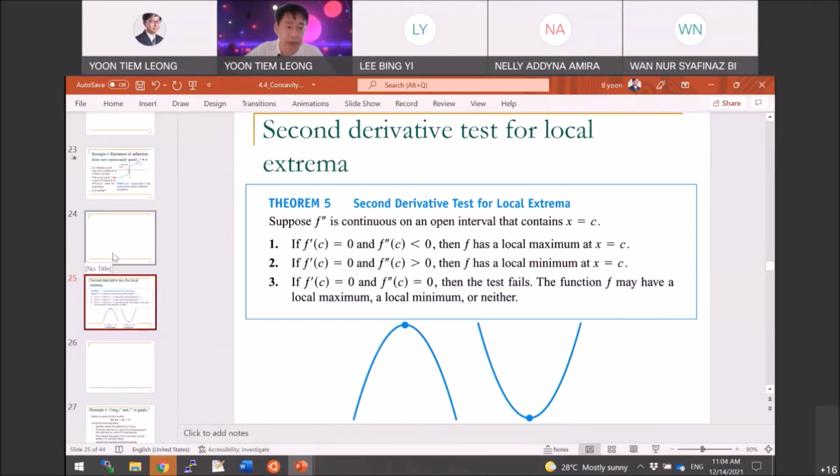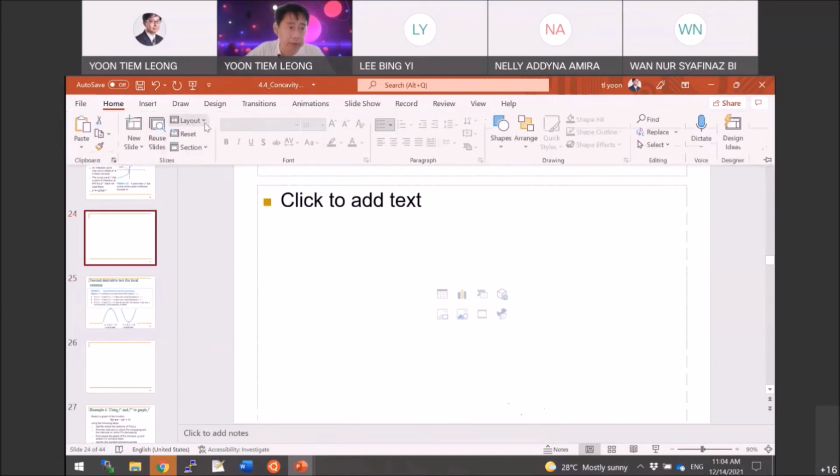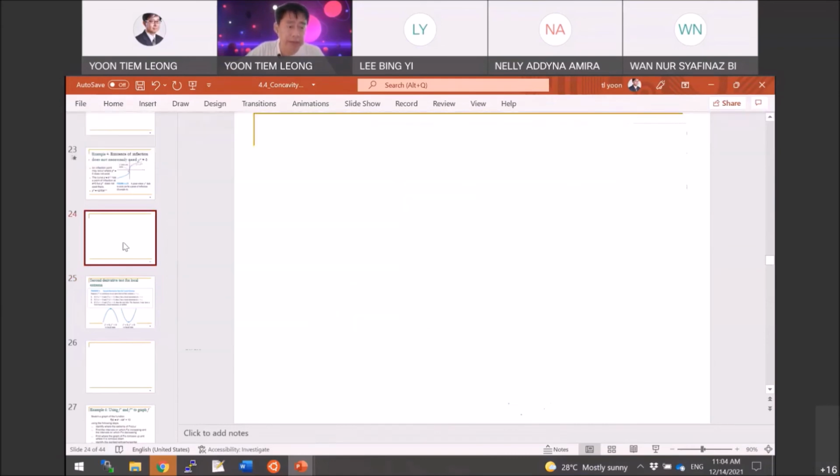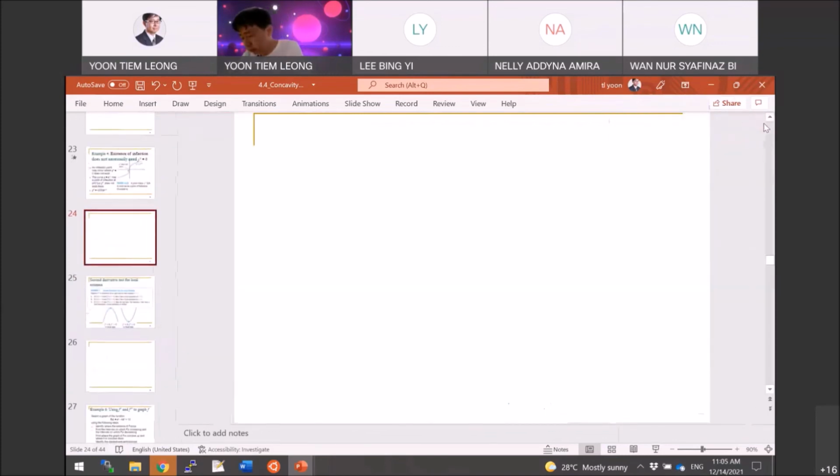Then you'll be able to tell whether it's a local maximum or local minimum. This is a very simple trick that I learned when I was in Form 5, so I don't mind repeating it here. It should be just a simple exercise, a method for you to locate the local extremum.